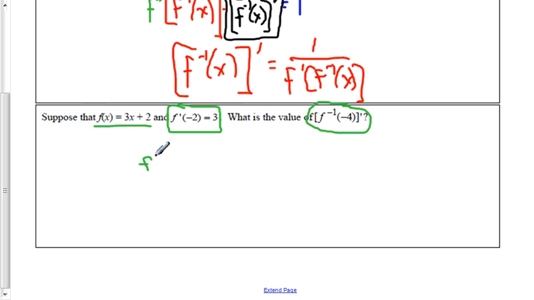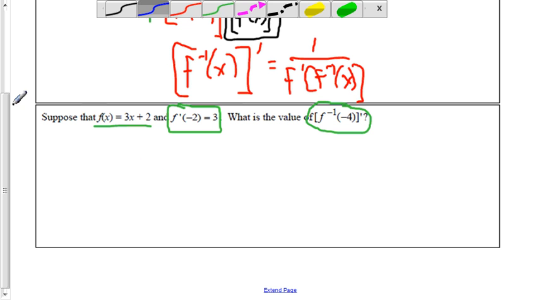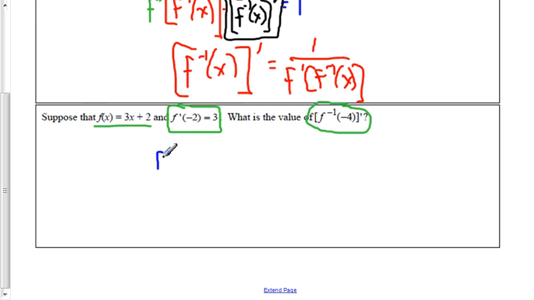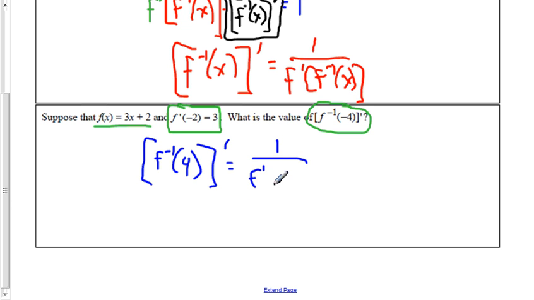Let's do that again. Inverse, instead of at x, we're looking at 4, and I'm taking the derivative of that. That's going to be equal to 1 all over the derivative of f of the inverse at 4.